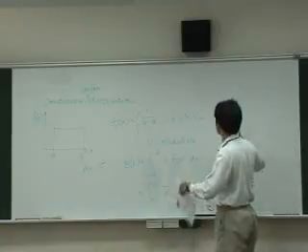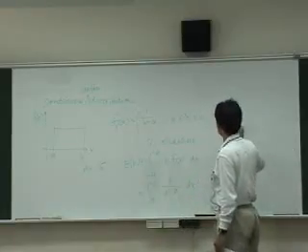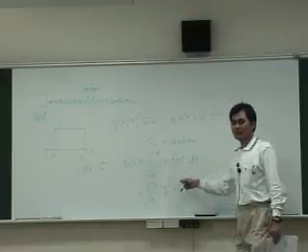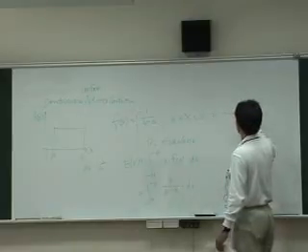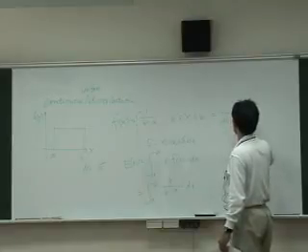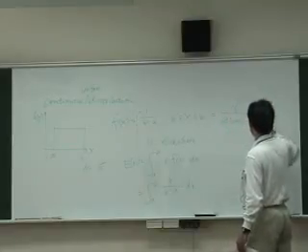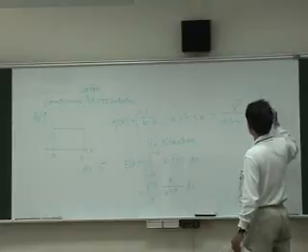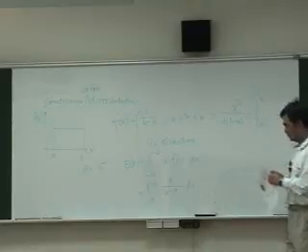And then it is equal to, what's this? This is going to be x squared over 2(b minus a) from a to b.